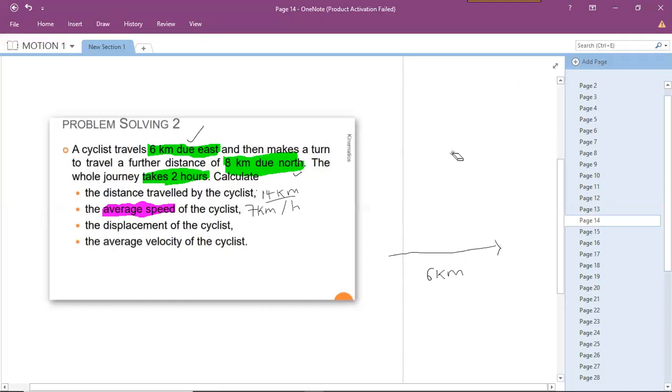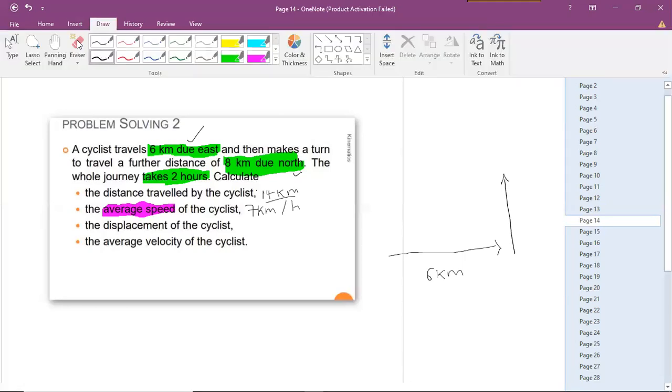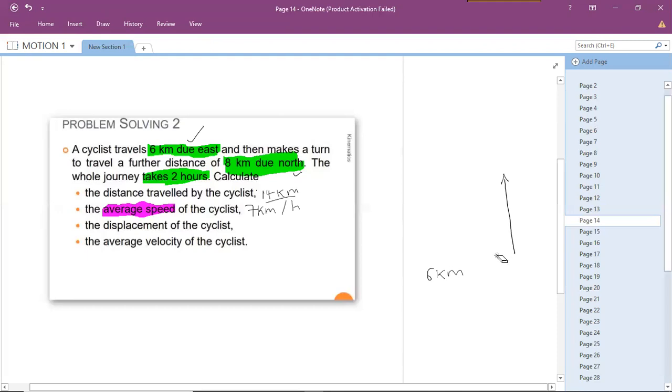Drawing on the board without a ruler. So they went north like so. So we're saying 8 kilometers due north.